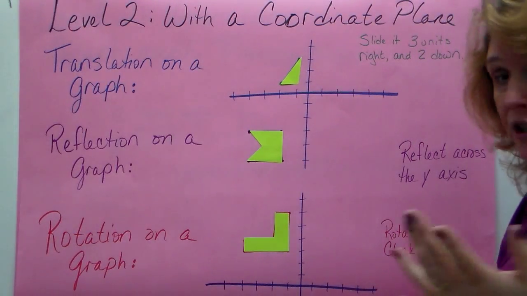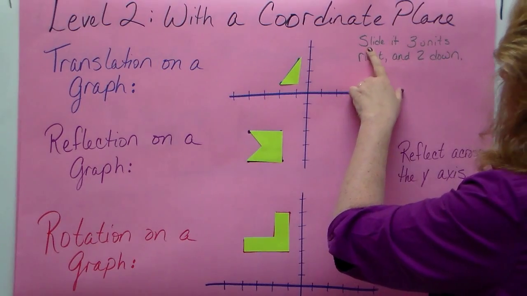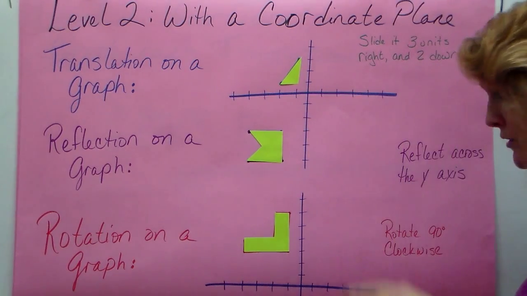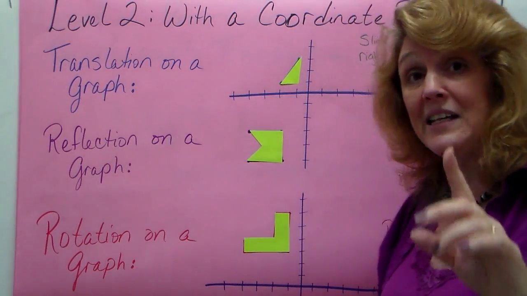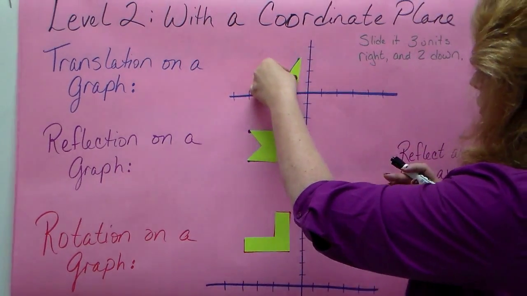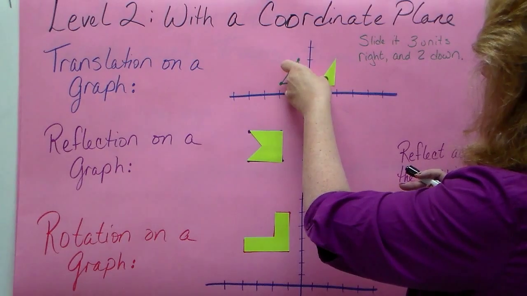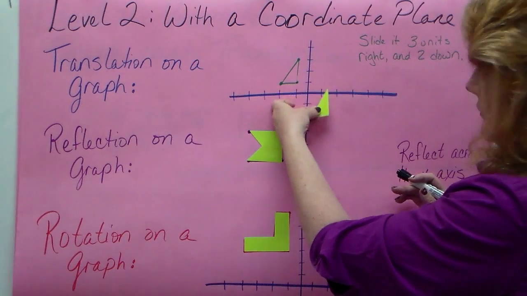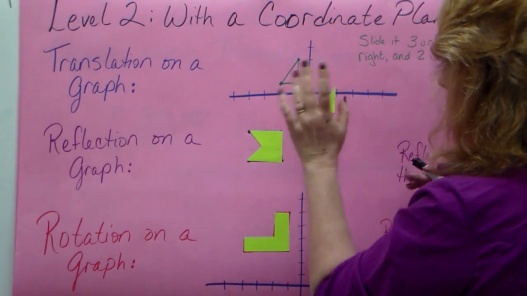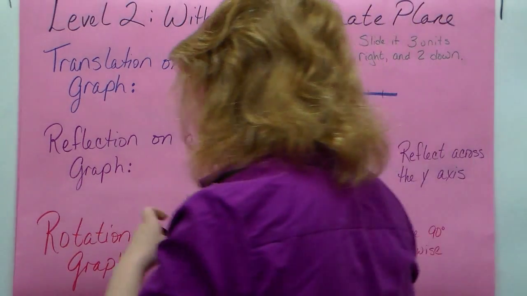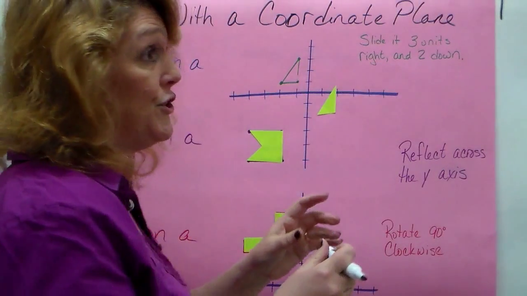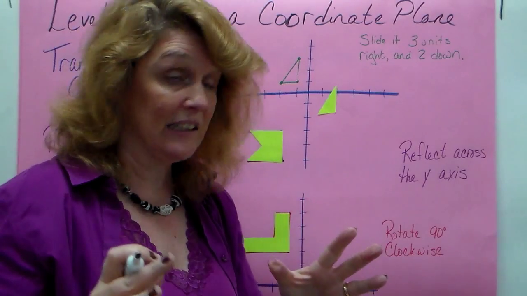And what the directions look like is, I want you to slide it 3 units right and 2 units down. I want you to go 1, 2, 3 over and 1, 2 down. Okay? So it's going to end up over here somewhere.